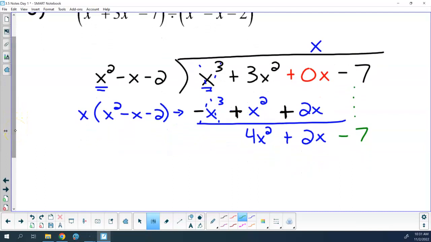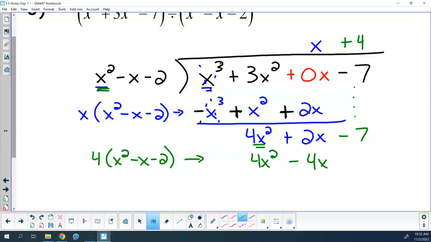Now again, I try and make my first terms be the same. So x squared to 4x squared would be multiplying by positive 4. x squared minus 4x minus 8.